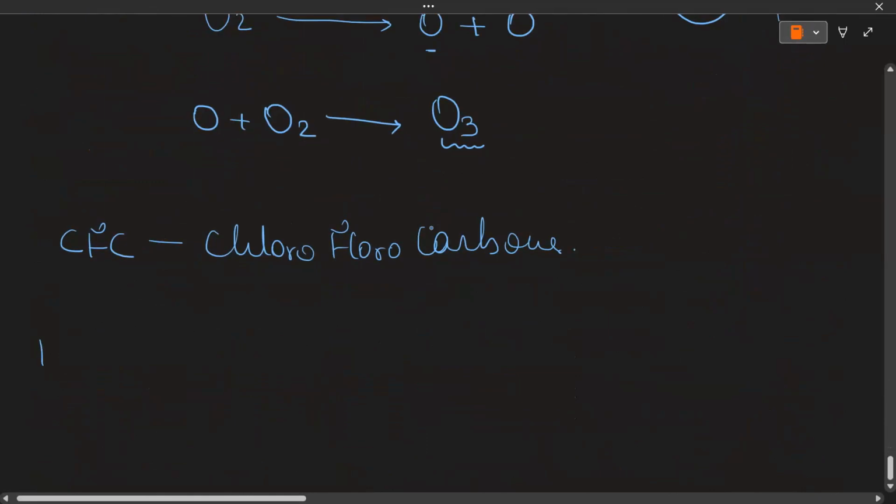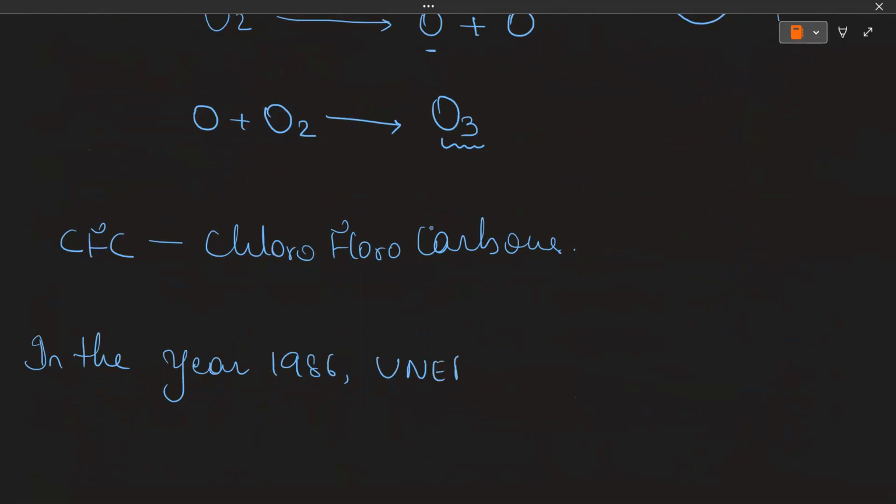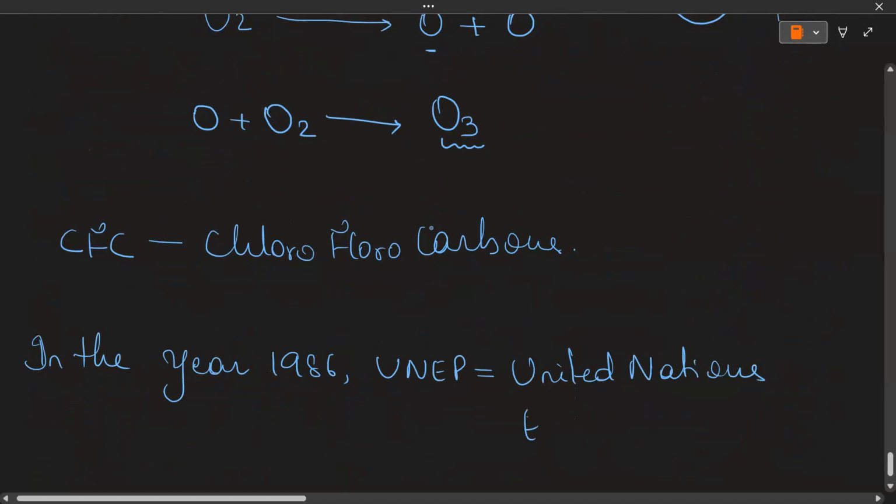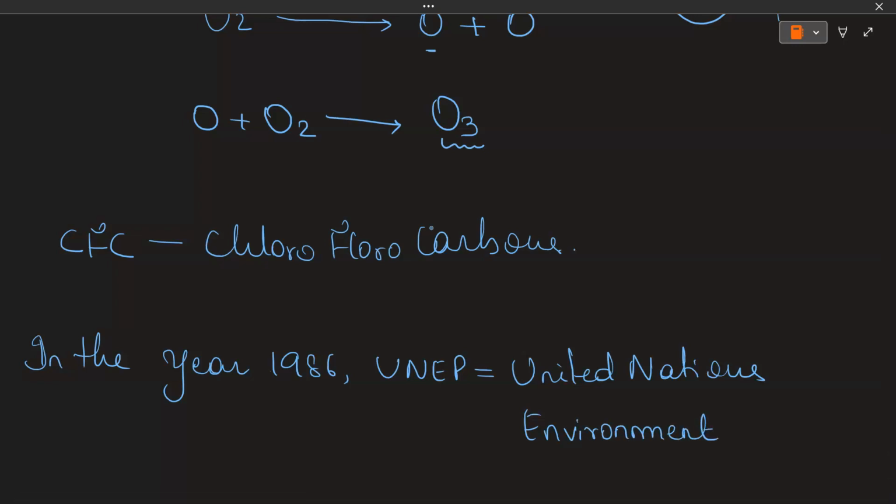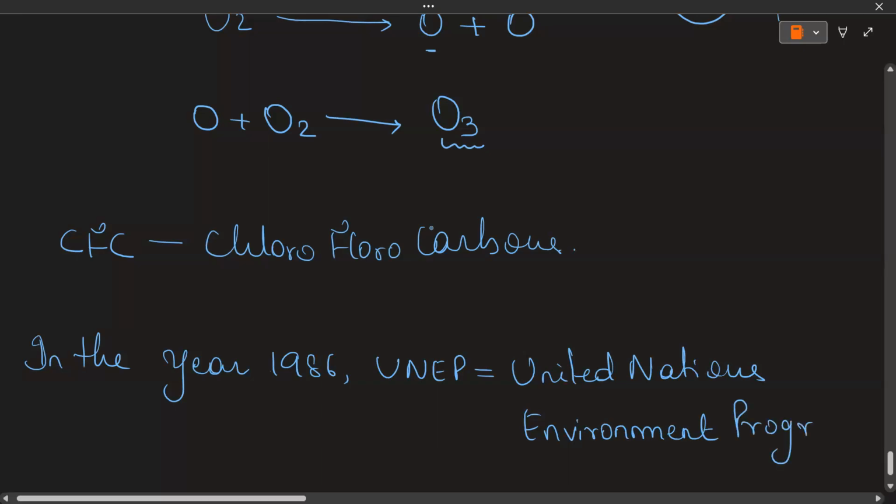So, in the year 1986, UNEP, the full form is United Nations Environment Program. Like United Nations, there are so many nations coming together to pledge for it. So, United Nations Environment Program.